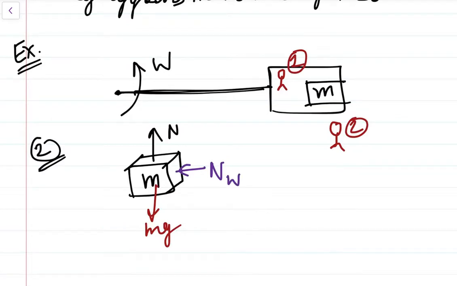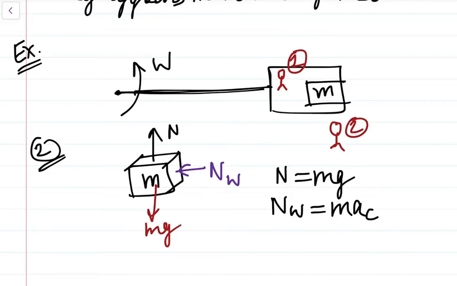So what will I write here? Firstly N is equal to mg, as there is no acceleration in the vertical direction. Also Nw is equal to m times a centripetal, because the normal from the wall is the only force responsible for this acceleration in this direction.